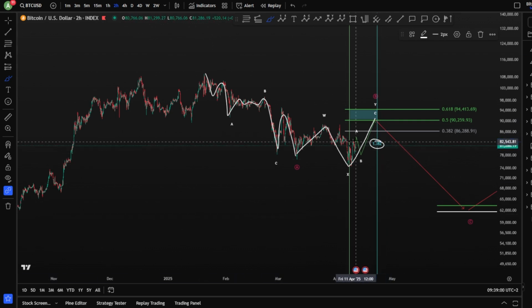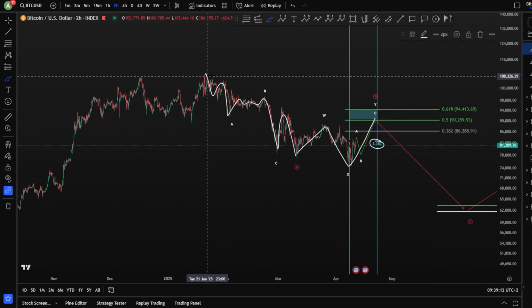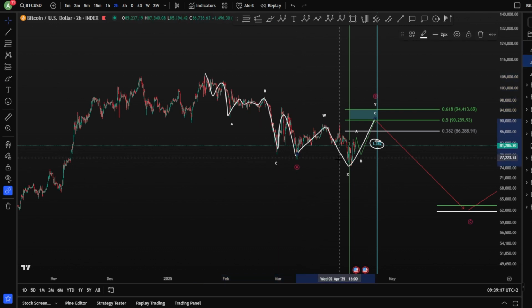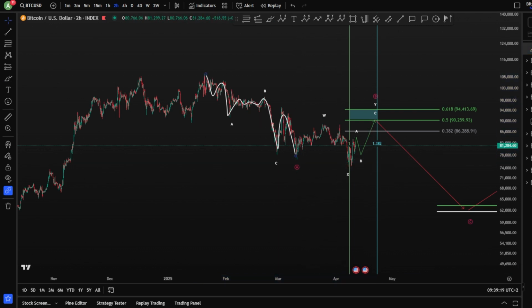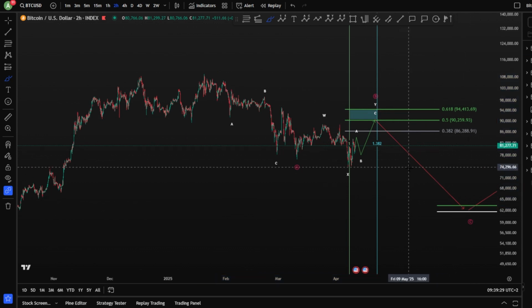As you can see, we have already passed the 1-to-1 fib time currently, and you're looking still for higher to finish potentially in the blue box here, between the 0.5 and 0.618 fib level taken from the start of the A till the end of the A here, and then looking to finish this wave B and then moving directly toward the downside for a big wave C. This, of course, will represent your bear market, that it might unfold a wave 3 later on. So this is currently the highest possibility.